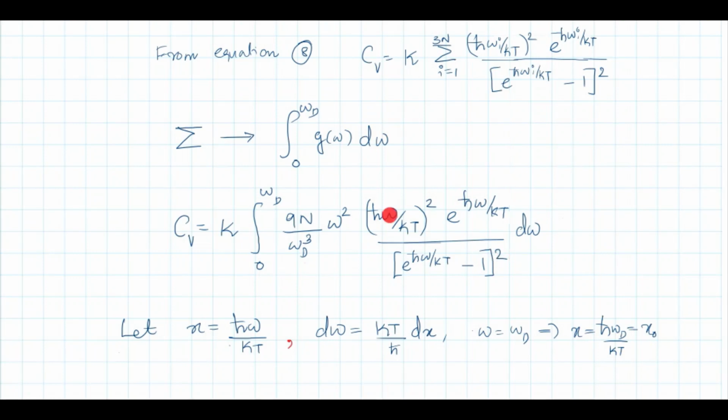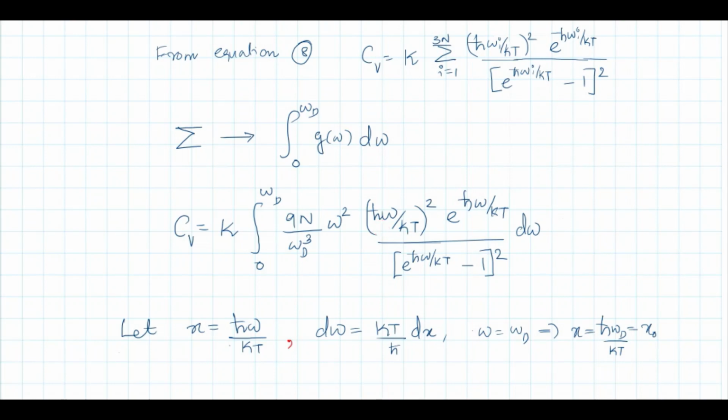There is no i because this omega is now a continuous variable. It can vary from 0 to a maximum value, that is the cutoff frequency omega D. Up to that value, g of omega d omega is 9n divided by omega D cubed omega square d omega. Beyond omega D, g of omega d omega becomes 0. So this is Cv.